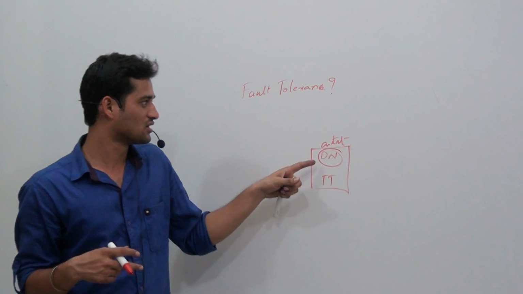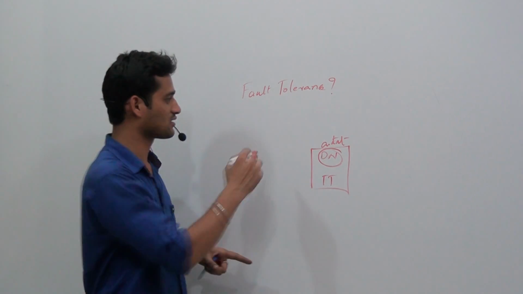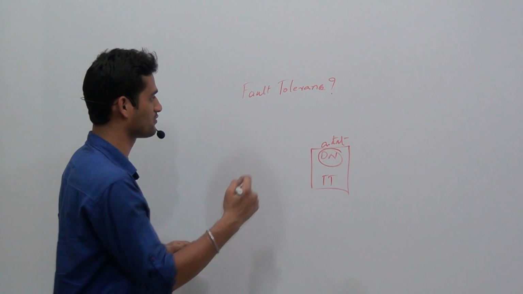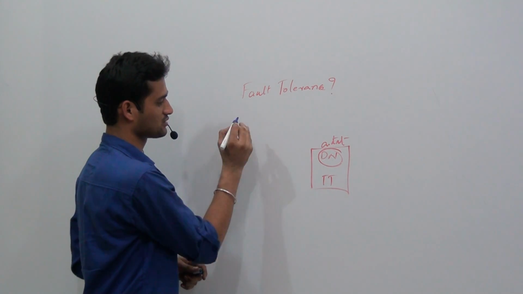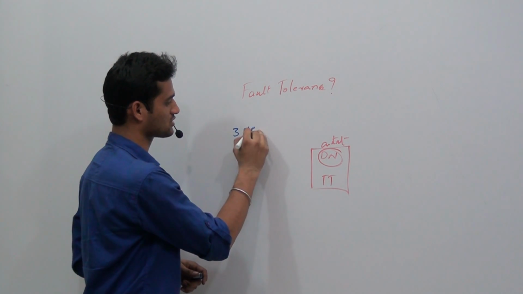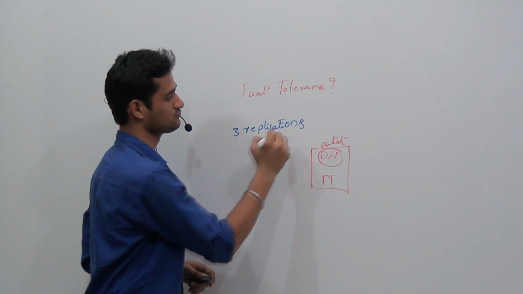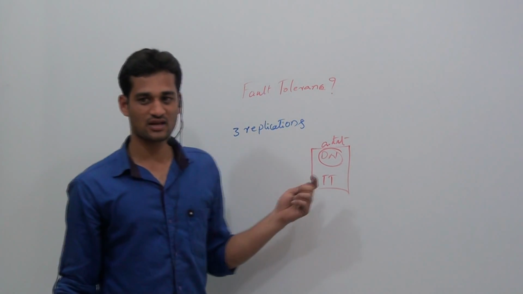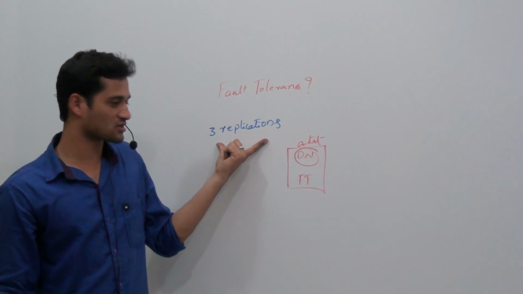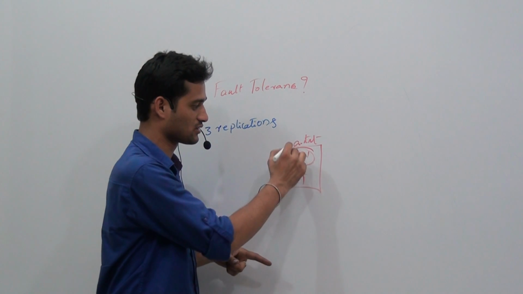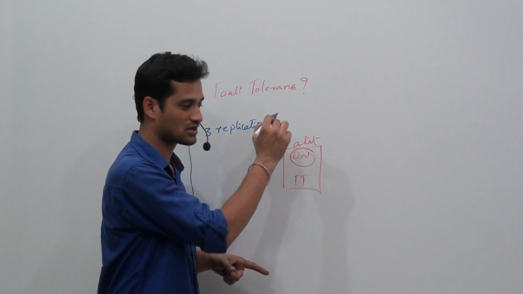In that sense, HDFS has been designed with 3 replications by default. So even though you have the a.txt file in data node 1, if it goes down, you should not lose the data.